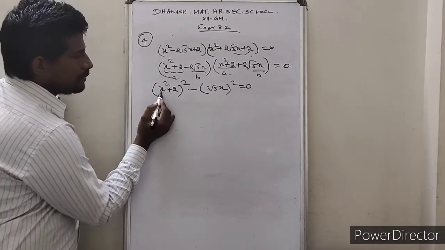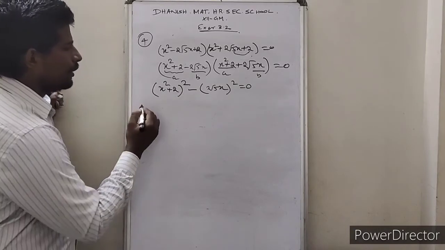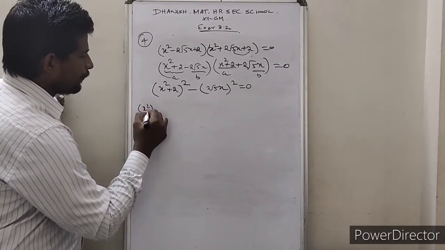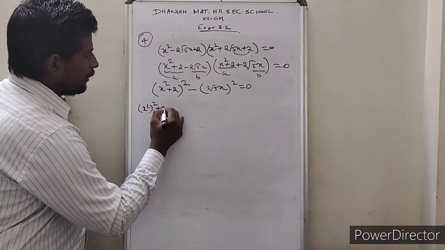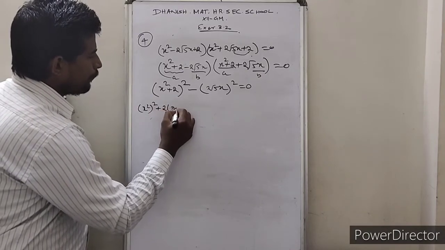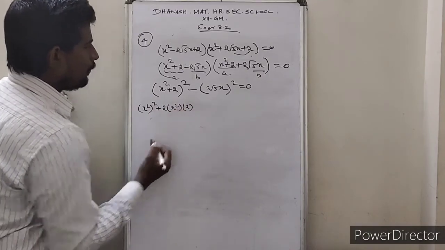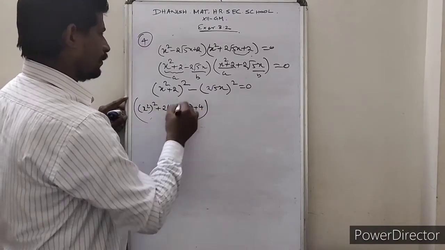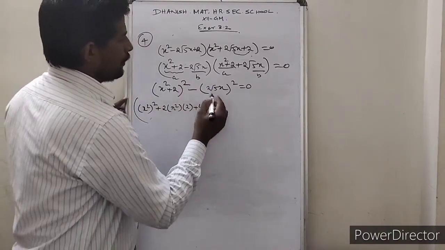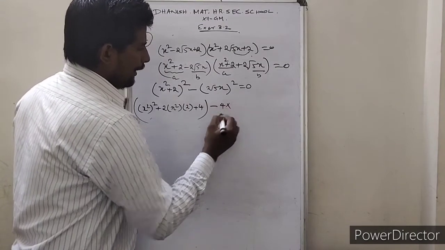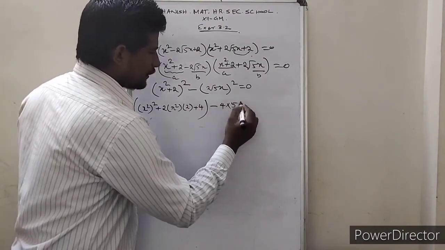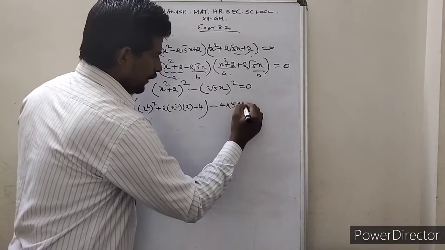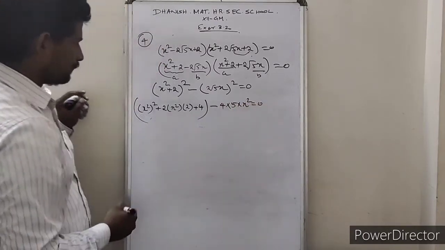Now look at this. This is in the form of a plus b whole square form. A square plus 2ab plus b square minus 2 square is 4 into root 5 square is 5 into x square equal to 0.